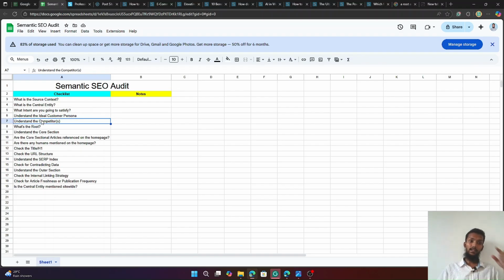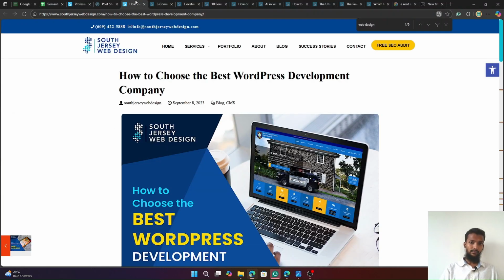And next we have understanding the competitors. Now understanding the competitors is very underrated. The mistake we usually make is going through the internet and seeing who is writing what. For example, this article, how to choose the best WordPress development company. As this is a local website in New Jersey, they should focus on what their competitors are writing and how they are writing.